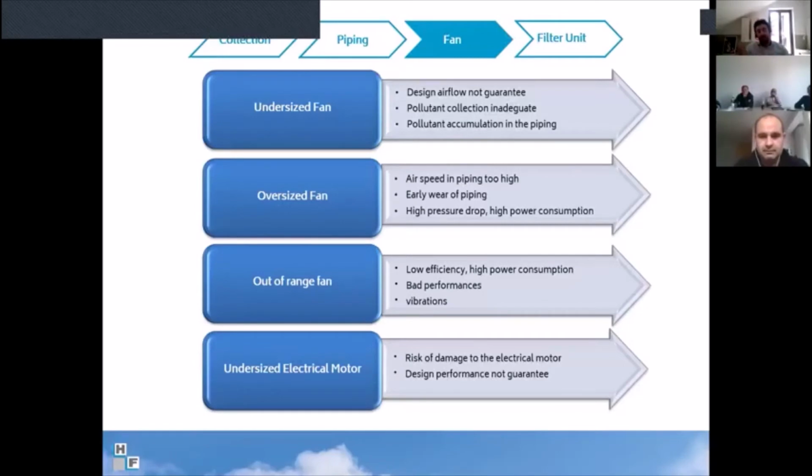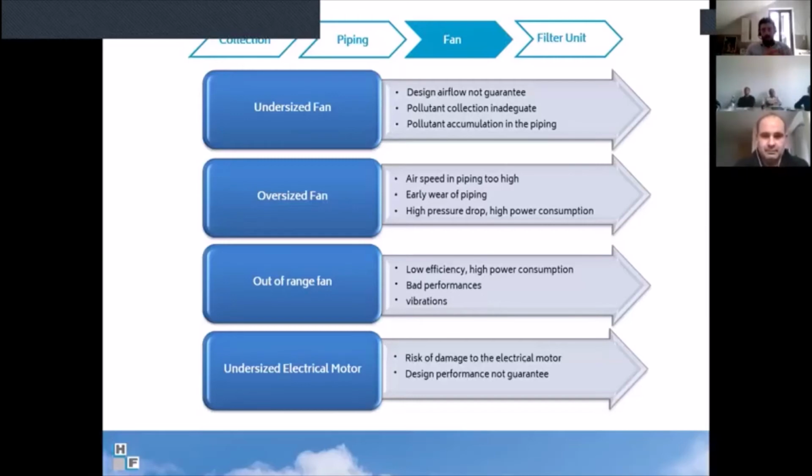On the other hand, if we oversize the fan, the blower, we will reach very high speed in the piping, so we risk damaging the piping, and we will for sure have very high power consumption, because we need more energy to get the same result.